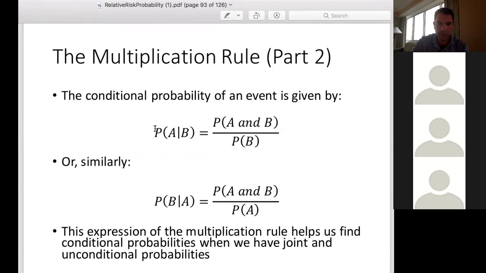When it's written like this, the probability of A, then this line, and then B, this is to say the probability of A given B. So given that B occurred, what is the probability of A occurring? This is how we read this notation. We calculate it as the joint probability of A and B occurring over the probability of B. And similarly, the probability of B given A is equal to the joint probability of A and B occurring, but now over the probability of A, because it's given that the event A is occurring.